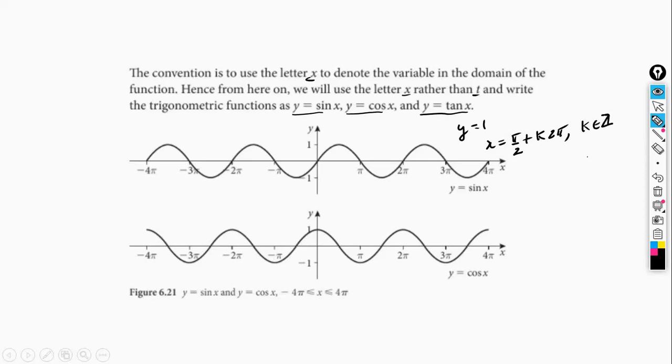And you can see that the minimum value for the sine function is y equals -1, and this occurs for every x that is equal to minus pi halves plus a multiple of 2 pi.